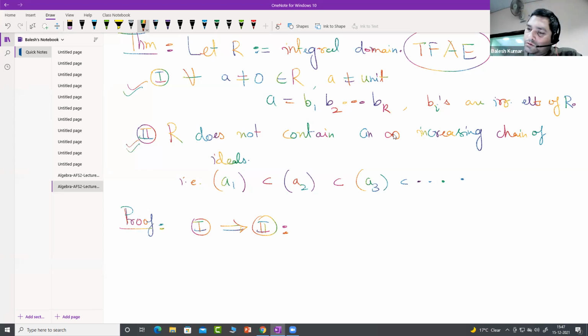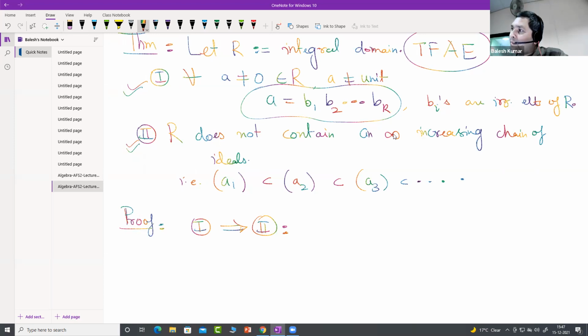Usually in this kind of proof, one tries to prove the theorem by contradiction, because in the first statement you have a certain finiteness condition and you would like to deduce a finiteness condition in the second statement as well.